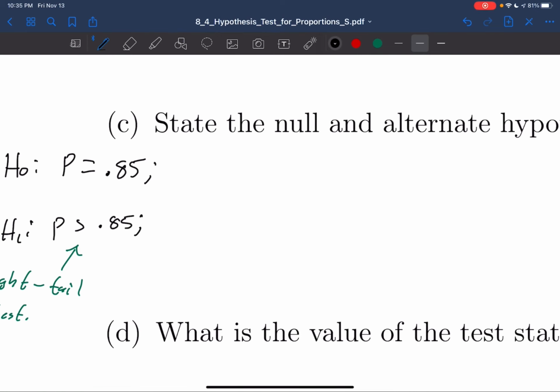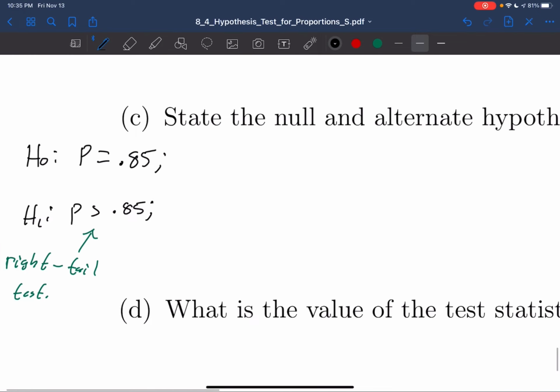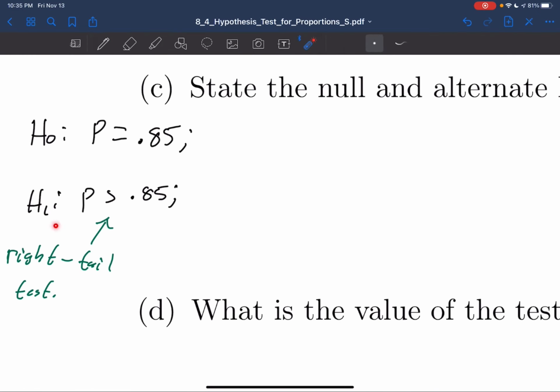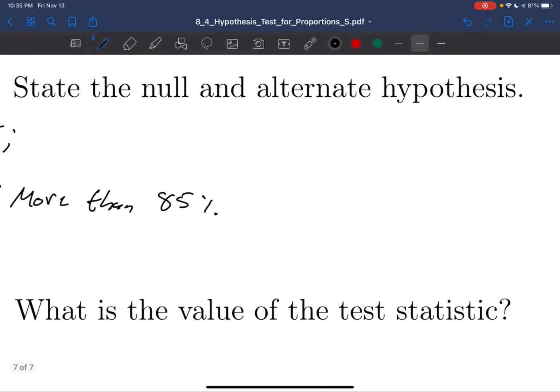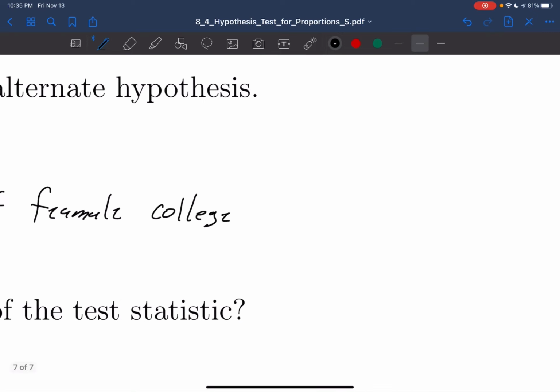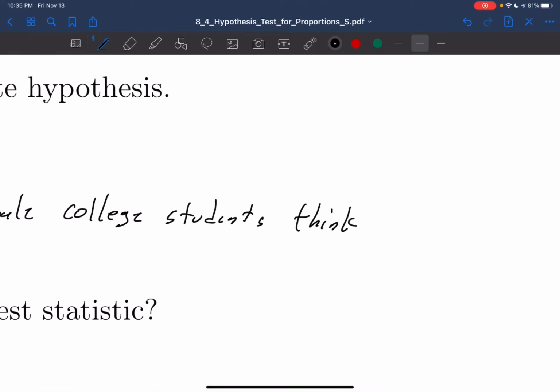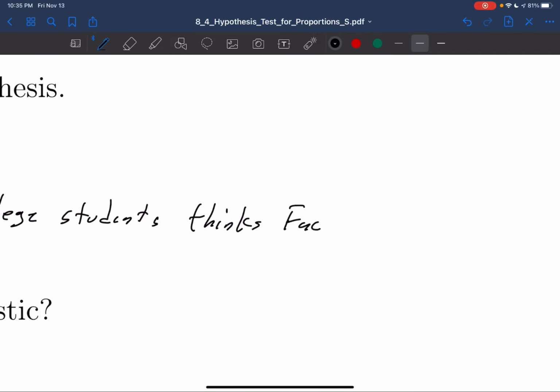And then what is our null and our alternative hypothesis stating in words? Well, we know that our alternative hypothesis is saying that more than 85% of female college students think Facebook is cool.